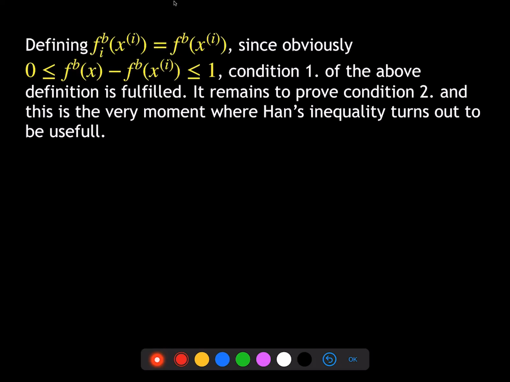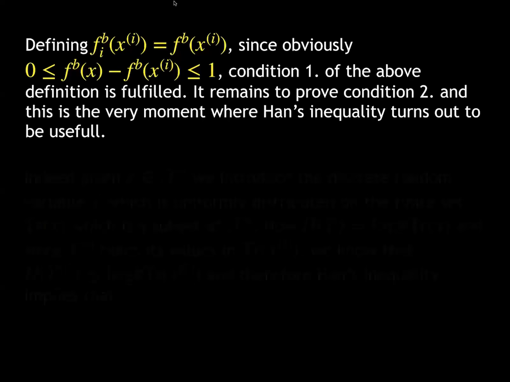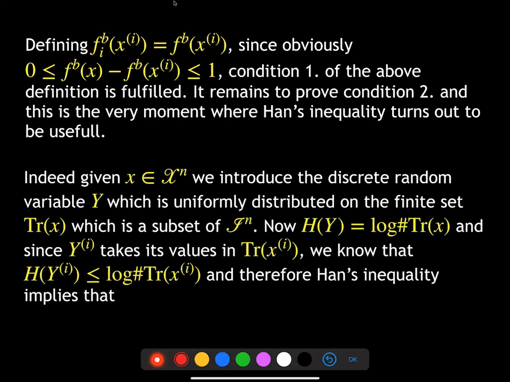And now, to prove that the second condition is fulfilled, we need to use Han's inequality in a clever way. So how do we do that? We just recall that the log cardinality can be interpreted as Shannon entropy if you consider a variable which takes its values in the set you are looking at.